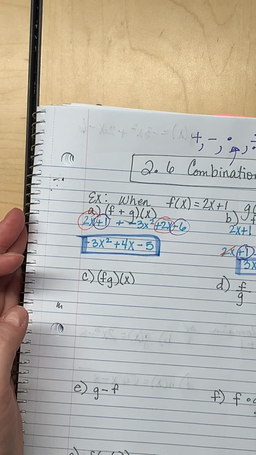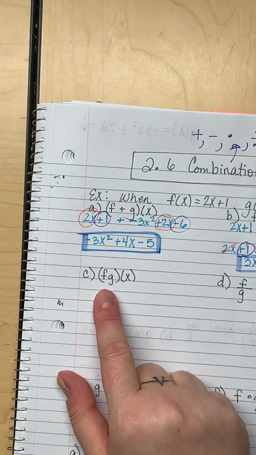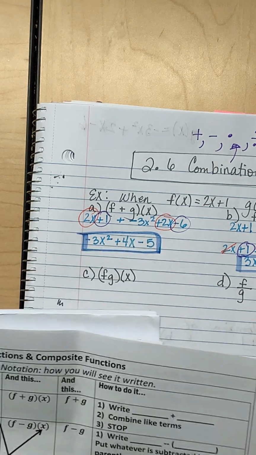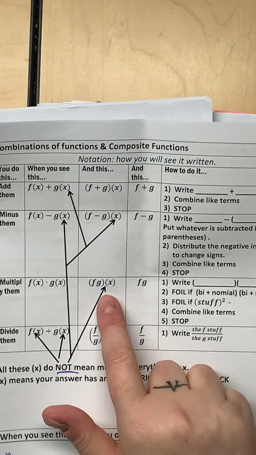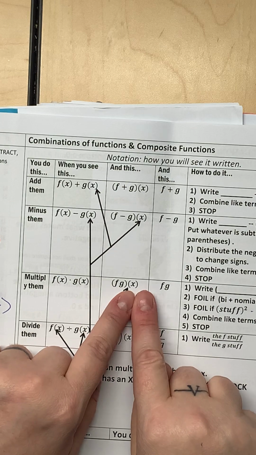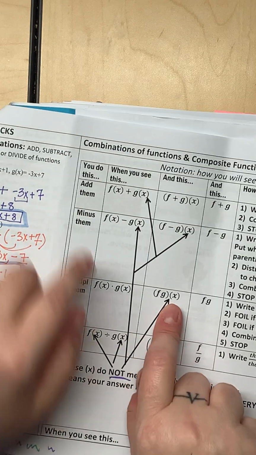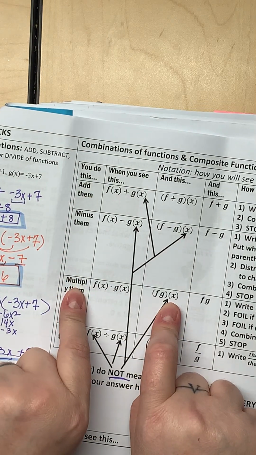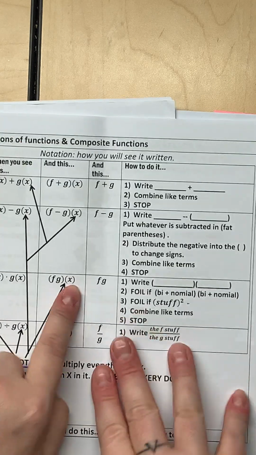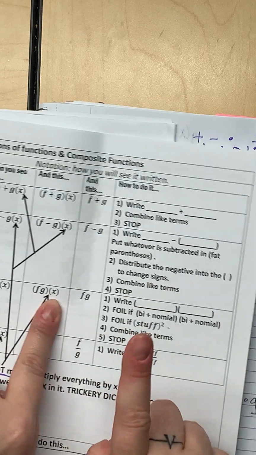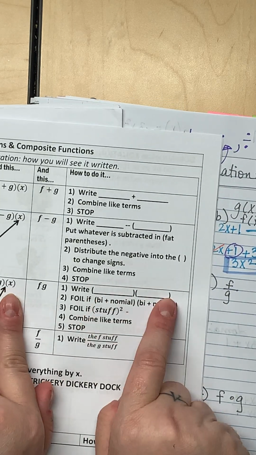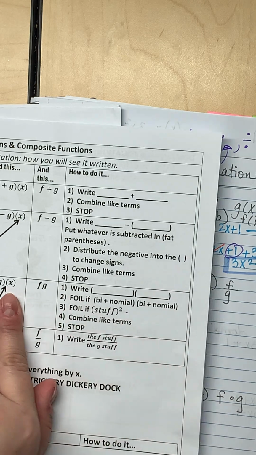Okay, let's look at part C. It says FG in parentheses with another parentheses X. So when I see FG in parentheses and another parentheses X, I do multiply them. And how I do it is I write 2 sets of parentheses, and then I have to FOIL.